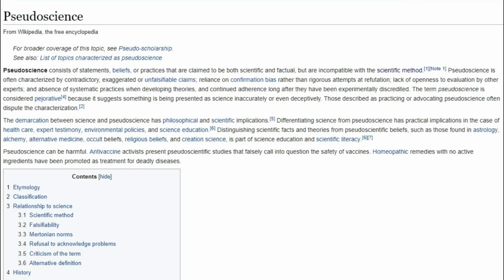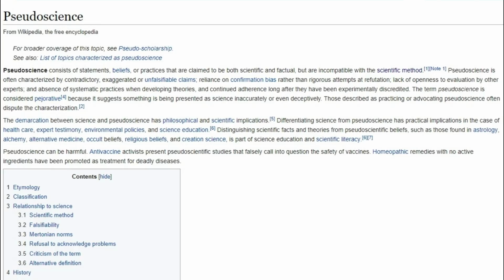Let's look at what pseudoscience is. Pseudoscience consists of statements, beliefs, or practices that are claimed to be both scientific and factual, but are incompatible with the scientific method. Pseudoscience is often characterized by contradictory, exaggerated, or unfalsifiable claims, reliance on confirmation bias rather than rigorous attempts at refutation, lack of openness to evaluation by other experts, and absence of systematic practices when developing theories, and continued adherence long after they have been experimentally discredited.